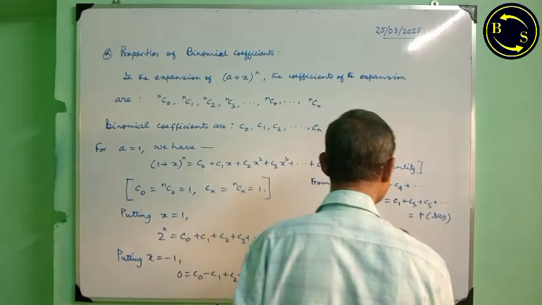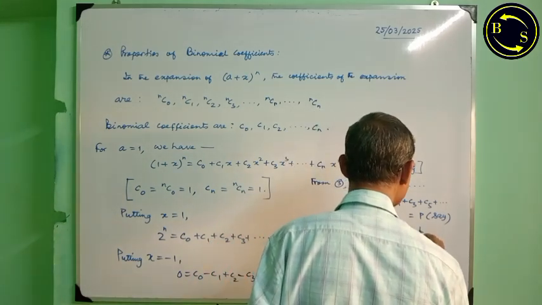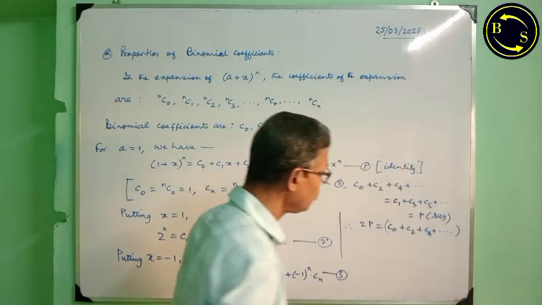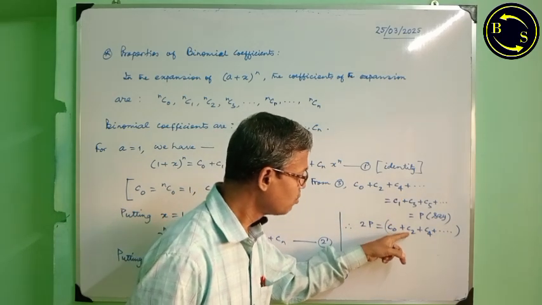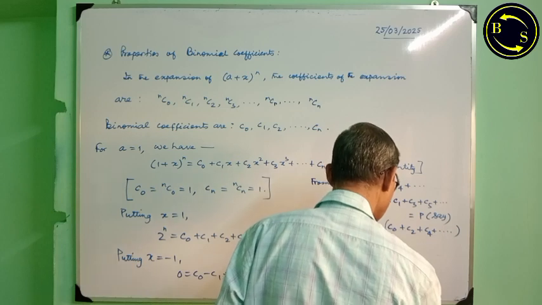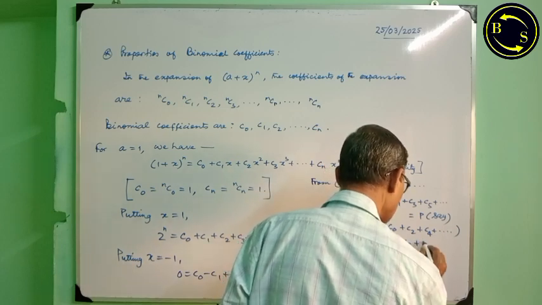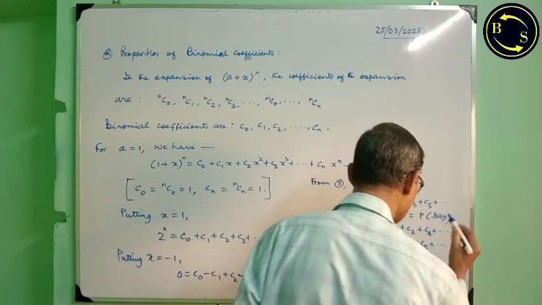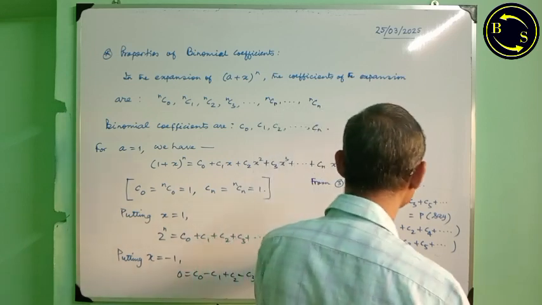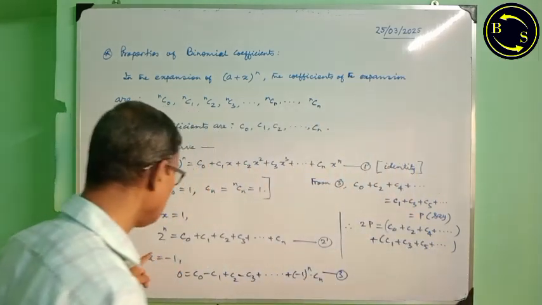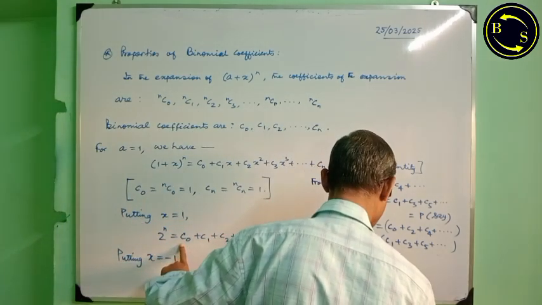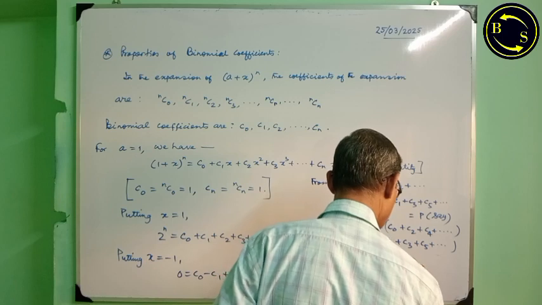Now, if I take each sum equal to p, then 2p equal to C0 plus C2 plus C4 plus dot dot dot plus C1 plus C3 plus C5. That means if we now arrange, the sum of the coefficients will be equal to this one, that is equal to 2 to the power n.